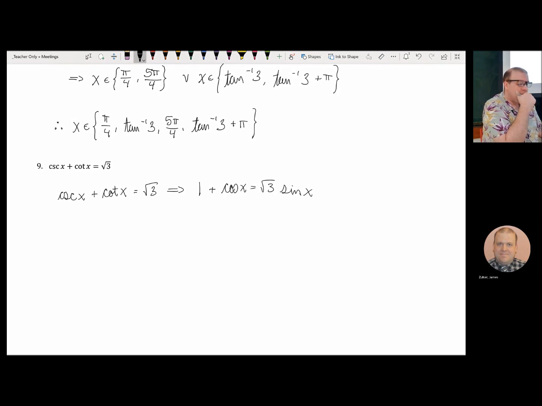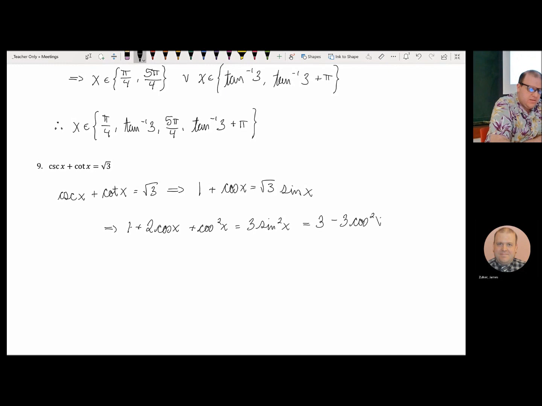Square both sides. What are you gonna have to do? And then write sine squared is 1 minus cosine squared.